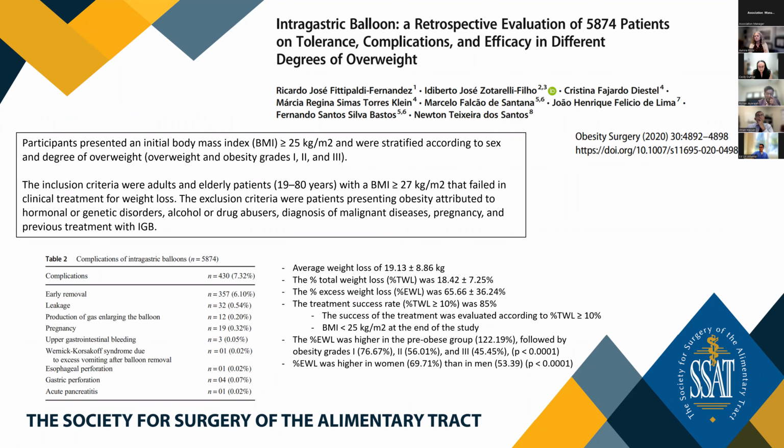Balloon leakage, hyperinflation, which was another common issue with the intragastric balloon, and issues with vomiting were more of the primary reasons. There was also leakage in a small percentage. A couple of patients got pregnant. Gastric perforation was noted in less than 1%, and upper GI bleeding.